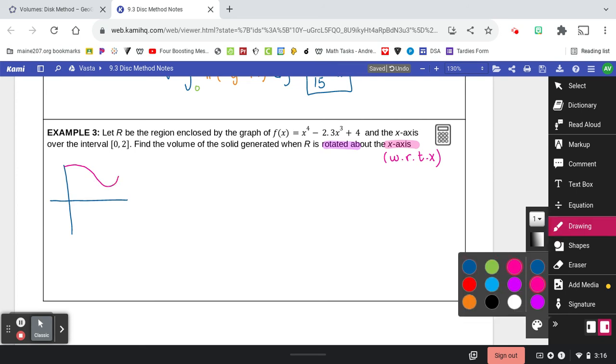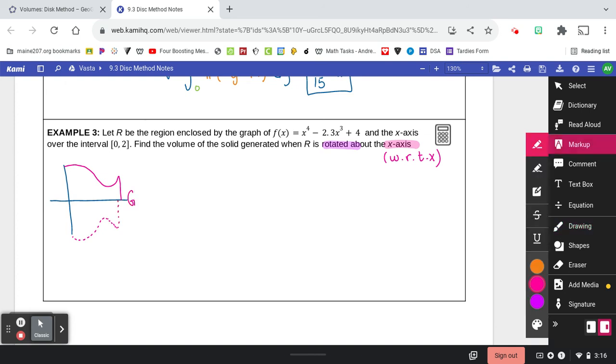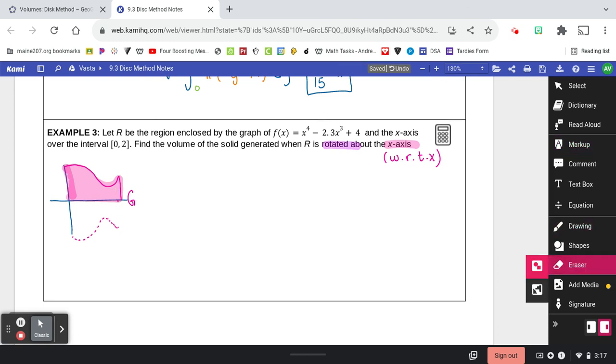Now, if I revolve this region around the x-axis, it's going to look something like this. And I'm going to get sort of this vase shape, like the shape of a three-dimensional vase. There we go.